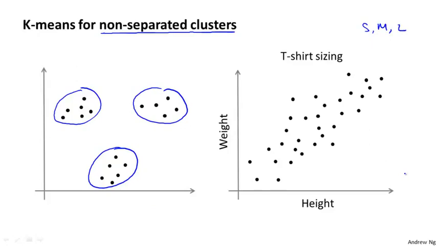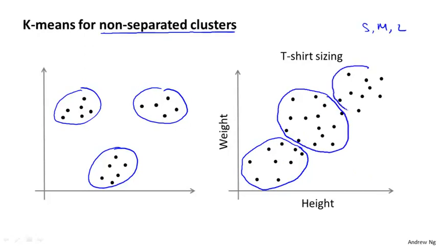One way to do this would be to run the k-means clustering algorithm on this data set that I have shown on the right. And maybe what k-means will do is group all of these points into one cluster, group all of these points into a second cluster, and group all of those points into a third cluster.